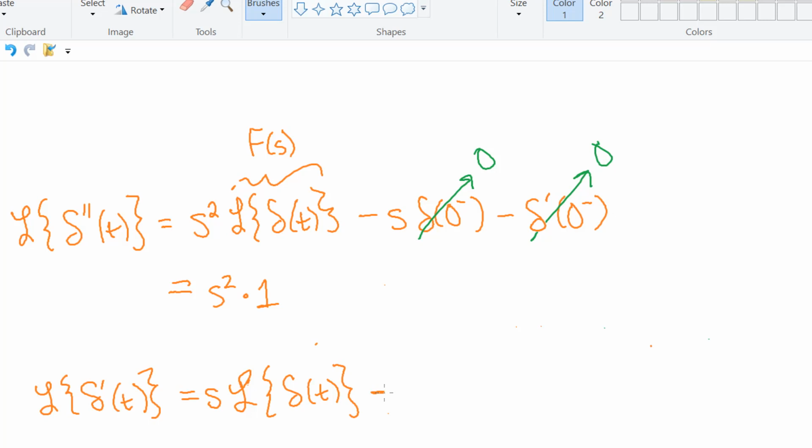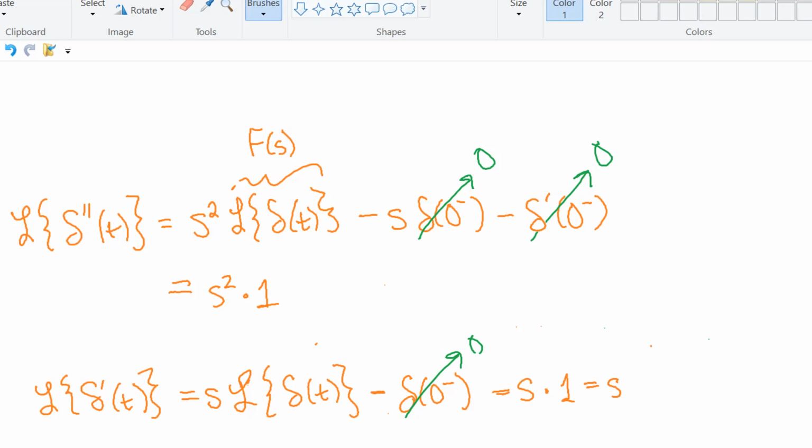The derivative of an antiderivative is the original. And we already said that delta to the left of 0 is just 0. So we just get s times the Laplace transform of the delta function, which is just 1. So we just get s.